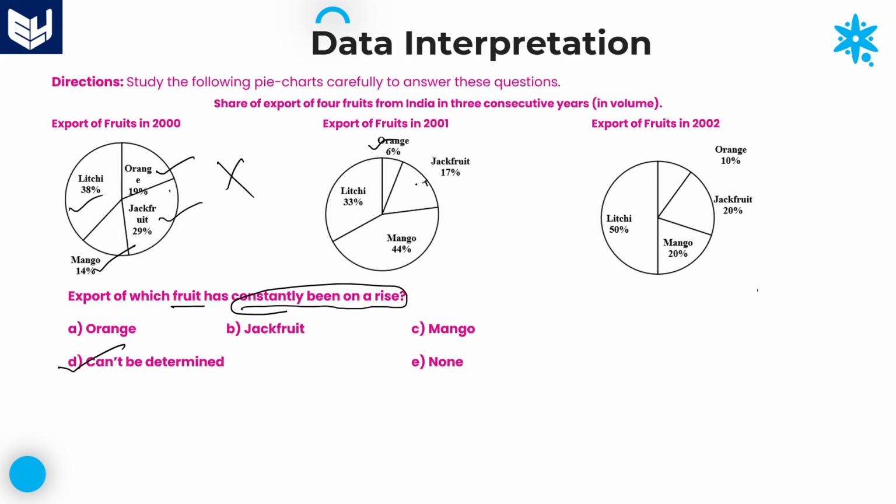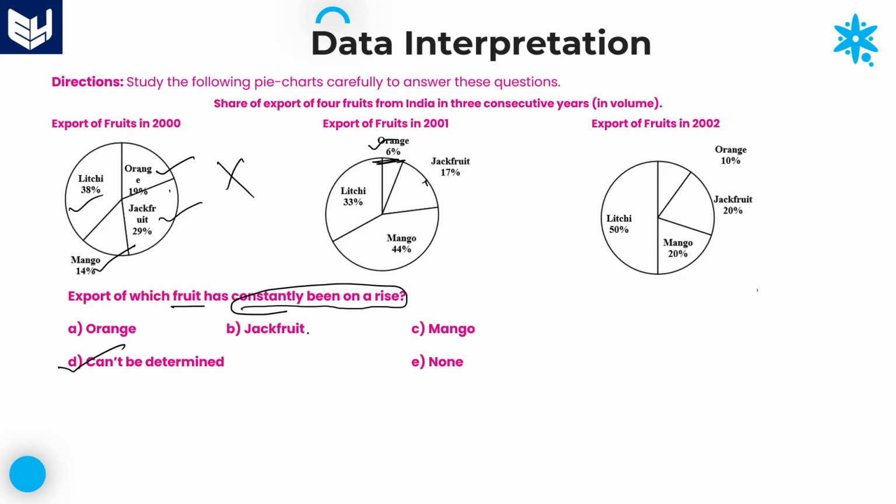From this year to this year, these are only percentages, not the values. Why? Because you don't know the value of each and every year's exports. Once you know the values, you can definitely say which fruit is consistently on a rise. But in this case, as we don't know the values, your answer becomes cannot be determined.